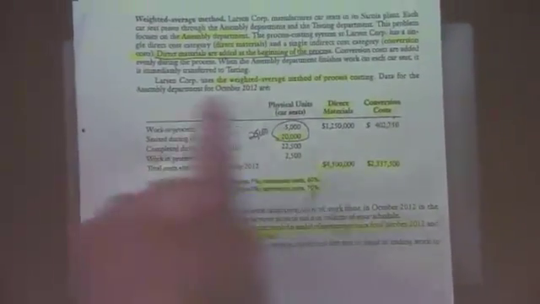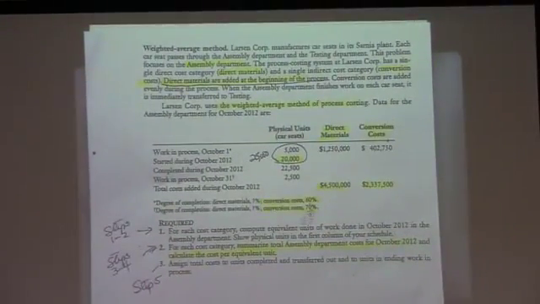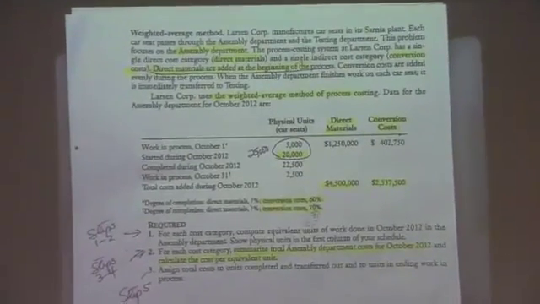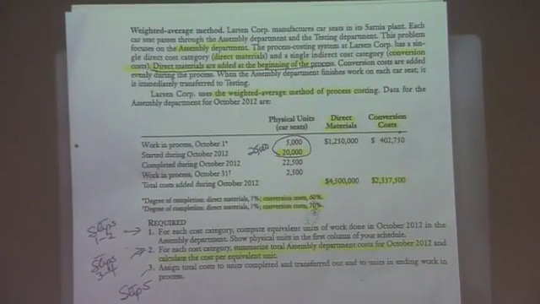So we're going to capture the journal entry of this particular question. You need to see the video prior to this to get an understanding of how we calculate the weighted average cost. That way you can best understand how to do the journal entries. Okay, so let's do this question.